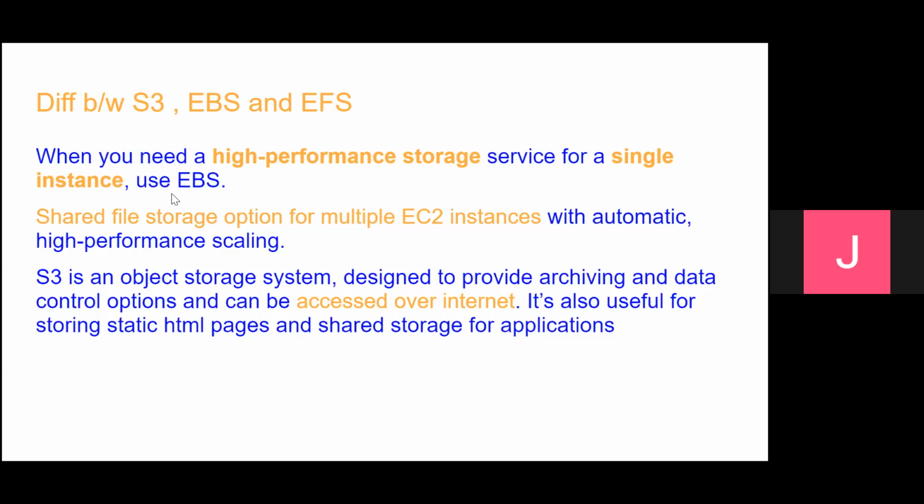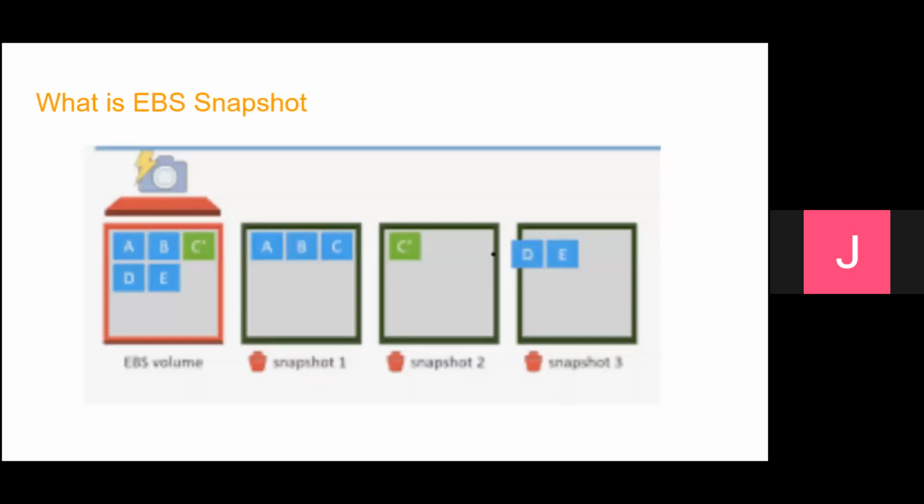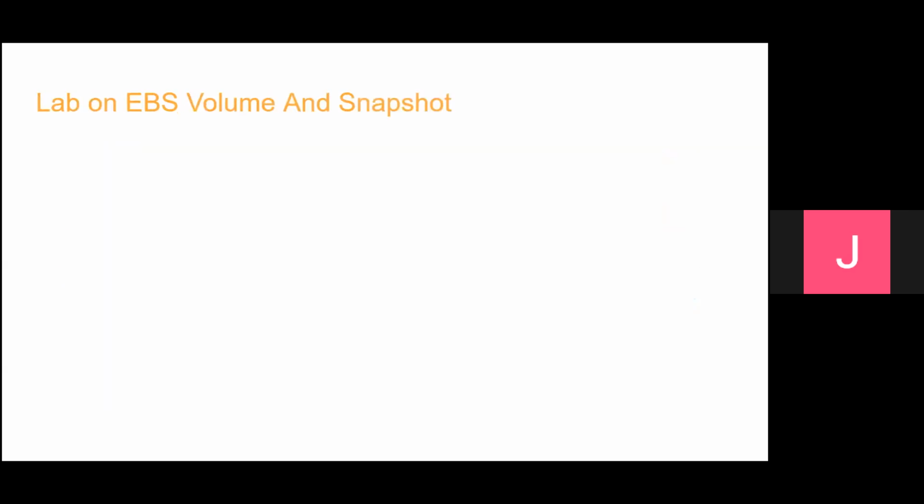In S3 also there are various types, and based on the type you choose, you are charged accordingly. For example, in case of Glacier, your storage charge is very low, but your retrieval charge is higher. In case of S3 Standard, your storage cost would be higher, but retrieval would be lower, because standard means you are going to access your S3 buckets frequently. This was all about the snapshot.